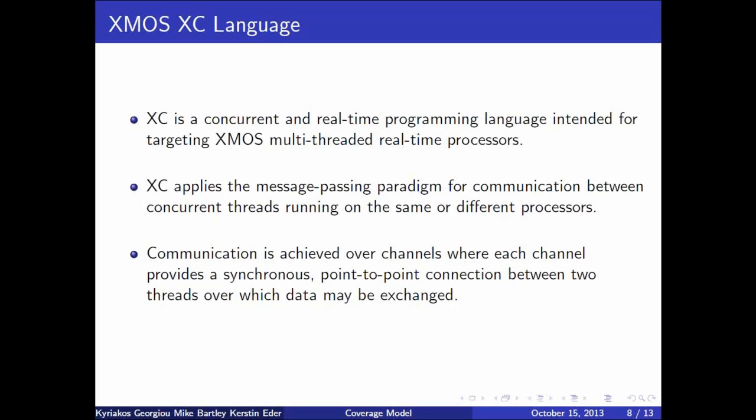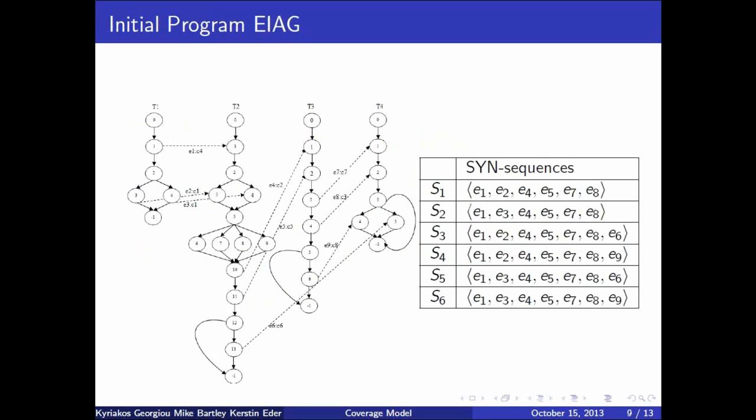And communication is achieved over channels, where each channel provides a synchronous point-to-point connection between two threads. So what we did, we created a bug-free program, and then we introduced communication-related bugs in that program, and we tried to evaluate our coverage model by using it to create coverage tasks on that program.